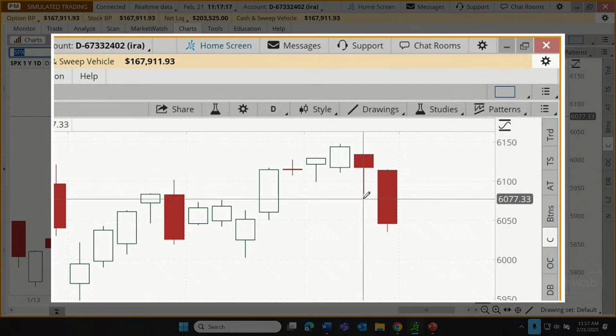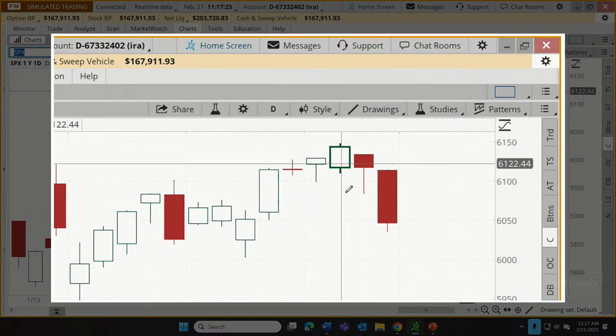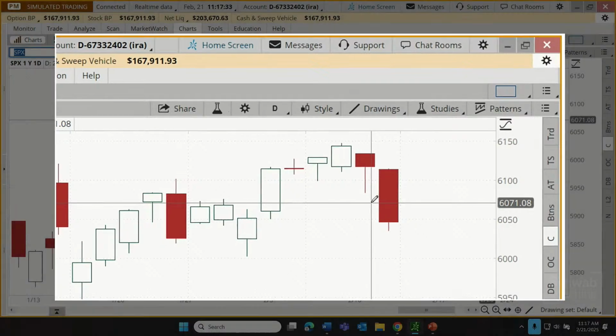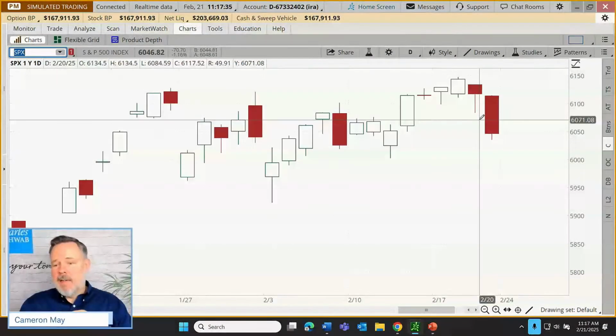If this were to happen at the bottom of a down move, we'd call that a hammer. If it happens at the top of an up move, this is actually referred to as a hanging man. Not my favorite title that somebody's ever invented. It's not maybe the title I would have chosen, but it's intended to tell a story.